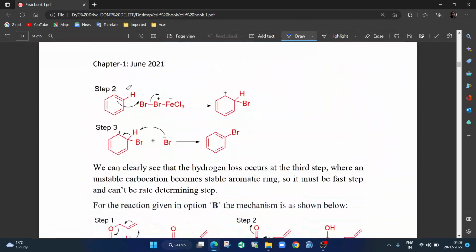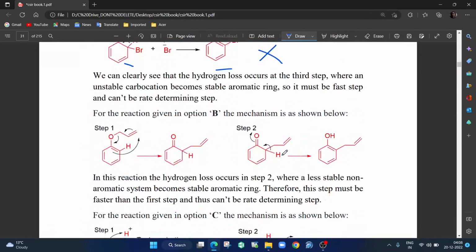So from a stable species you are making an unstable one. So this has to be the slowest, rate determining step. In the rate determining step, H is not touched at all. Only in the next step, when it is becoming from unstable to stable, this proton is being removed. So this has to be fast. So it cannot show primary kinetic isotope effect, right?